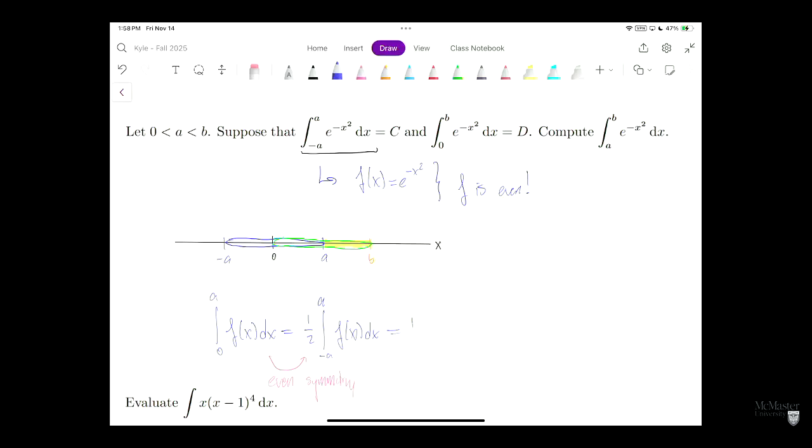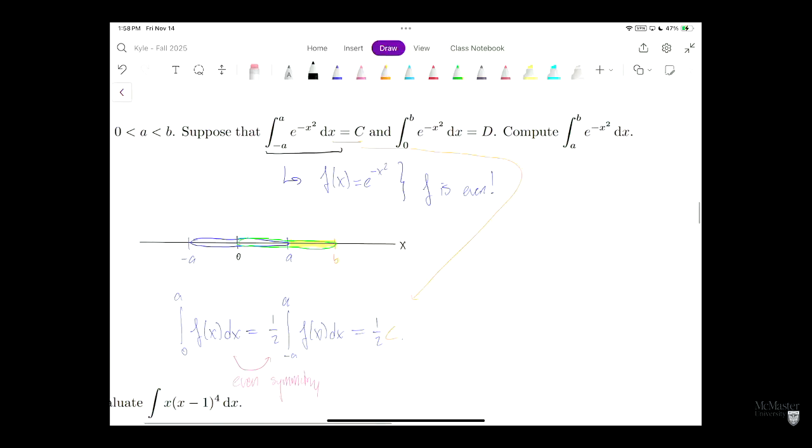And this is equal to 1/2 of c. So we're just plugging in the value c from our question. Now similarly, we know the integral from 0 to b is d. So in order to compute this final value, we'll notice that this is just the integral from 0 to b of f of x dx minus the integral from 0 to a of f of x dx.